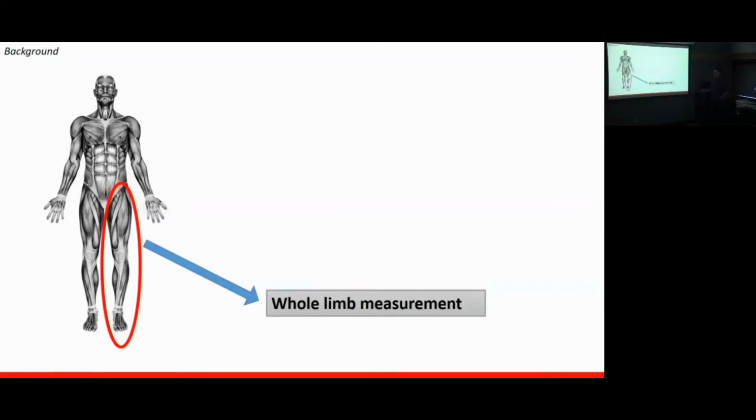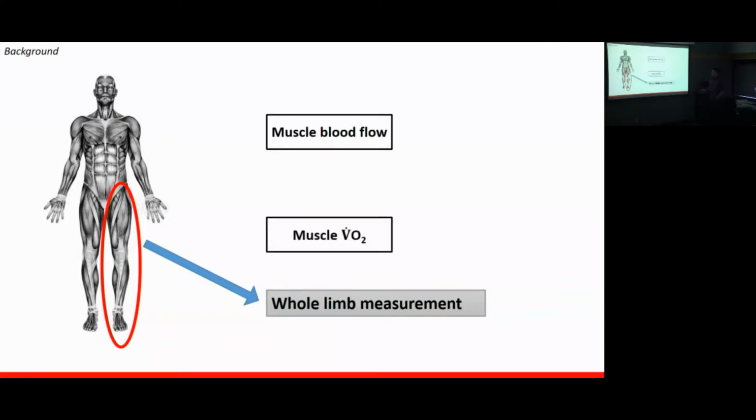Also, if we consider the use of catheters, we know that it represents only a whole limb measurement, so we don't know the contribution of each of the separate muscles to the overall measurement.